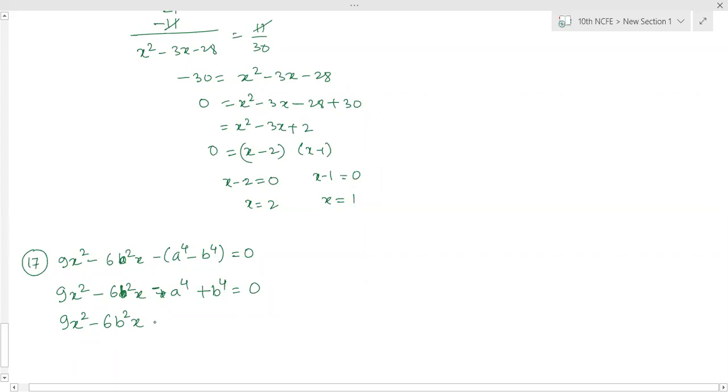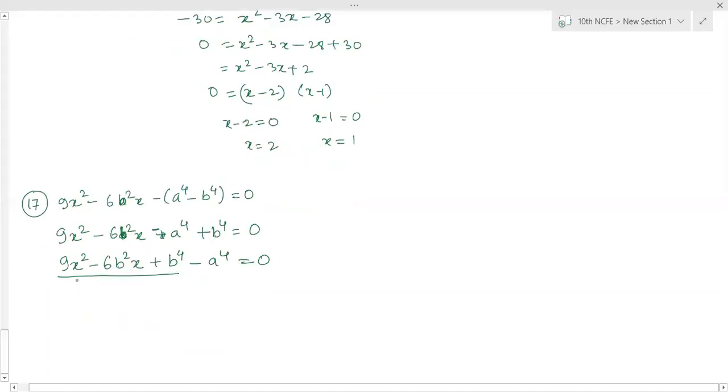That means what should be the third term? b square, so plus b to the power 4. b square is the b term, so the square of b square is b to the power 4. I will write the minus a to the power 4 afterwards. This is in the form of a square plus 2ab plus b square.